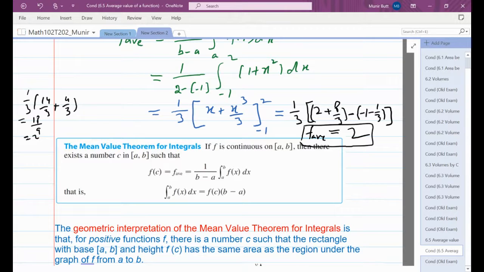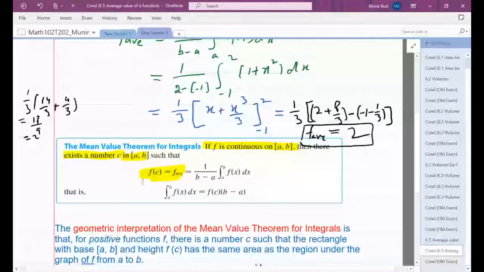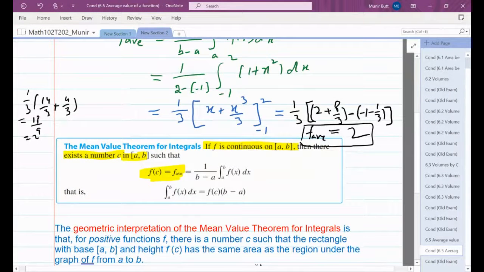What this theorem says is that if f is continuous, then there is a number c in this interval such that the function value at that point is equal to the average value.